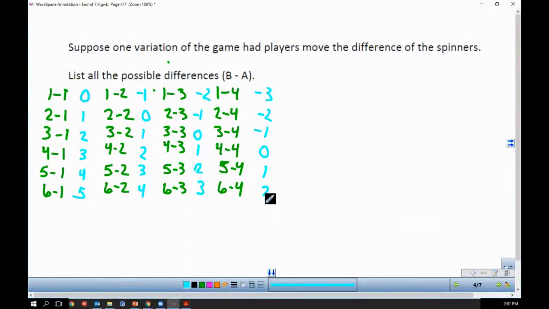And then we're going to go through the same process. So put them in your calculator, find the mean, find the standard deviation.